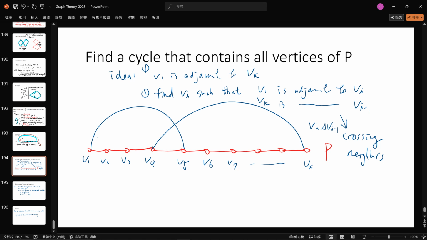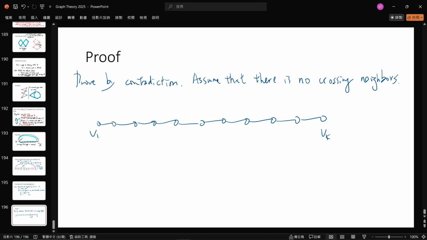Because we assume that this is a maximal path, all the neighbors of V1 and Vk must be on the path. So there are lots of incoming edges from the two endpoints toward the internal vertices. That was just to give you some intuition: if the two endpoints have many neighbors, then because this is a maximal path, the neighbors must be on the path and not outside, since otherwise you could find a longer path. So if there are many edges coming in on both sides, there will be many crossing edges. That is the rough intuition. Next is the formal proof.